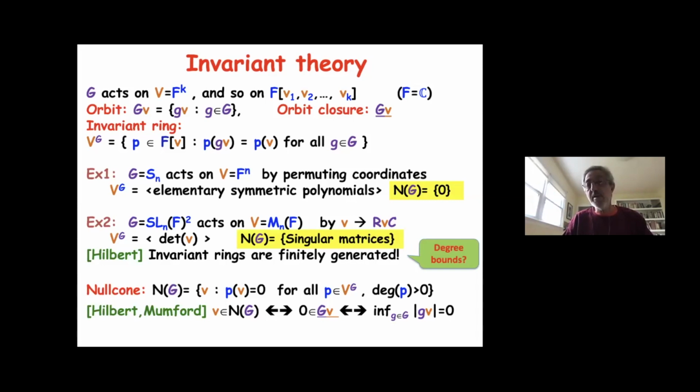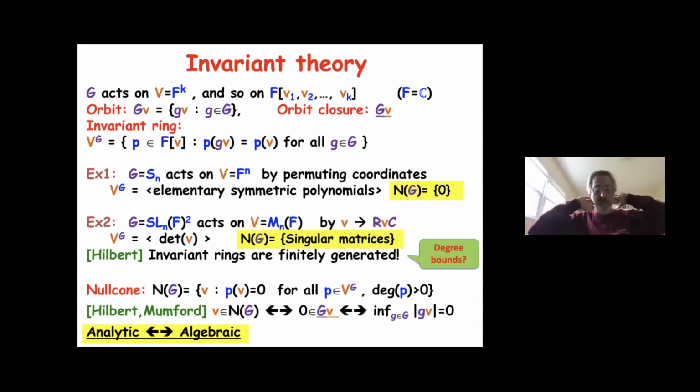And it turns out that for singular matrices, you can pre- and post-multiply by determinant 1 changes of basis that drive them to 0. That's a nice exercise if you want to do it. Anyway, this is a very important connection. It makes the analytic structure and the algebraic structure relate to each other, and we'll use it.